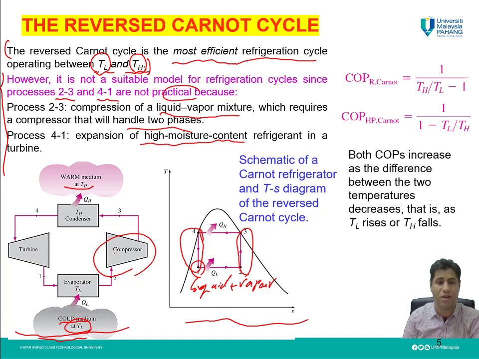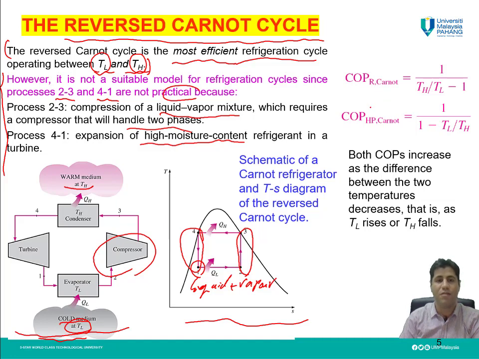We don't have a compressor or a turbine which can handle a two-phase substance. The reverse Carnot cycle is not an appropriate cycle to describe the thermodynamic cycle of a refrigerator. We will discuss the appropriate cycle in the next slide.